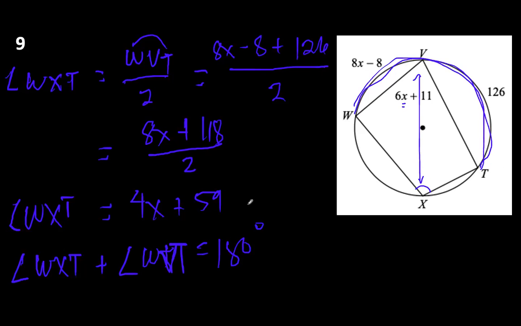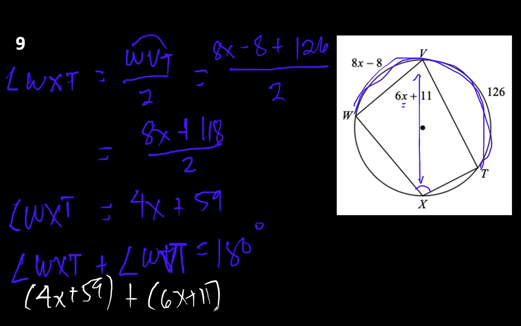Okay, so we know WXT is equal to 4x plus 59, and WVT is equal to 6x plus 11, and the sum is equal to 180 degrees.